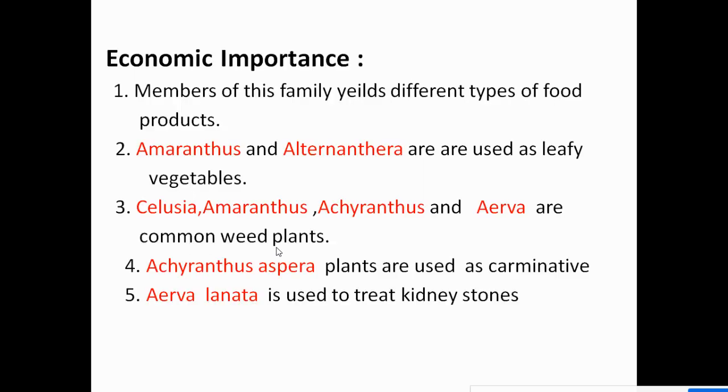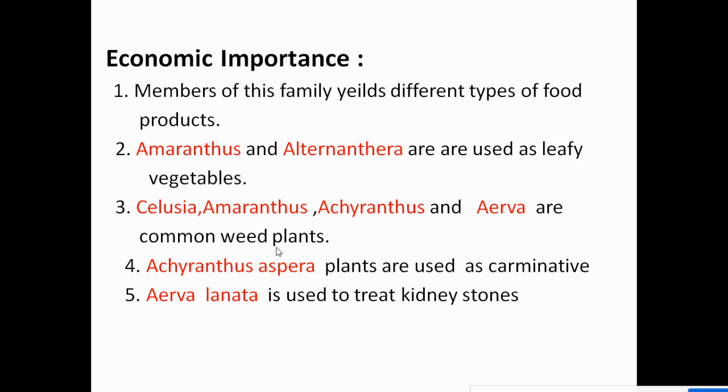Then, the economic importance of the family. The members of this family yield different types of products. Amaranthus and Alternanthera are both used as leafy vegetables. Celosia, Amaranthus, Achyranthes, and Aerva are common as weed plants.